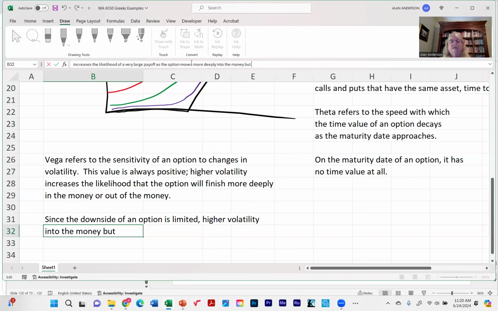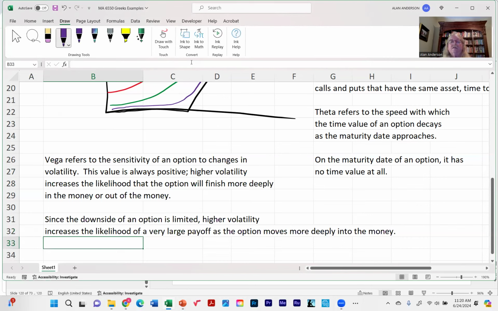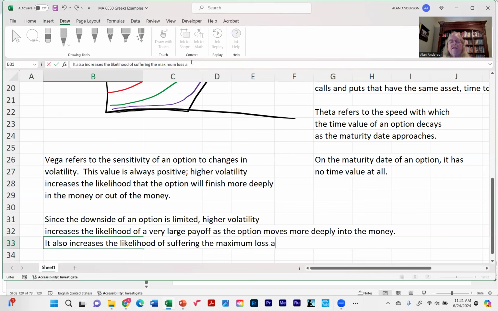But, which is, of course, a huge benefit to the owner of the option, it also increases the likelihood of suffering the maximum loss as the option moves deeply out of the money.